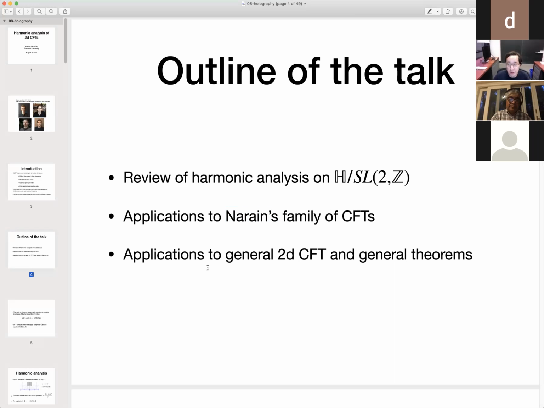Then we'll do more generally 2D interacting conformal field theories, and we'll prove some general theorems that I don't know how to prove without this technology. And along the way, we'll talk about applications to things like holography and averaged holography and things like this.